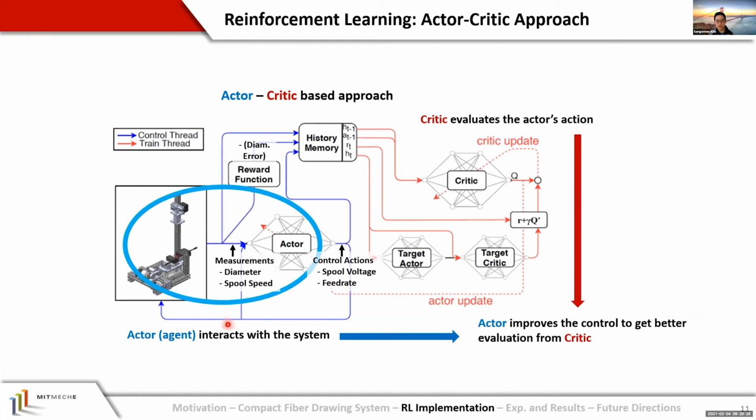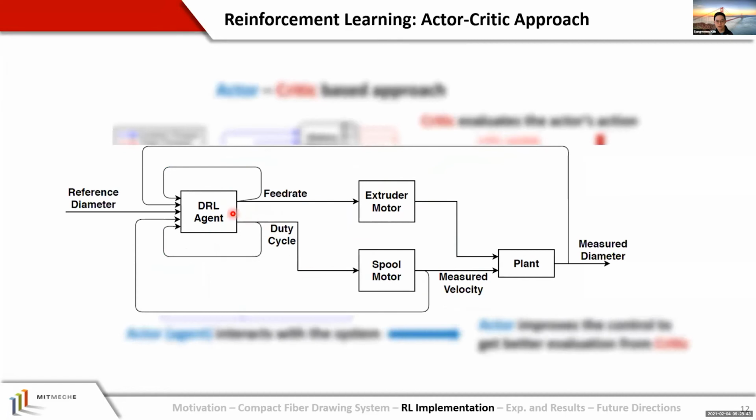First, let's look at the actor. The actor is the agent that controls the environment. It takes the measured observations from the environment and computes the control actions accordingly. If we take a closer look, it looks like this.